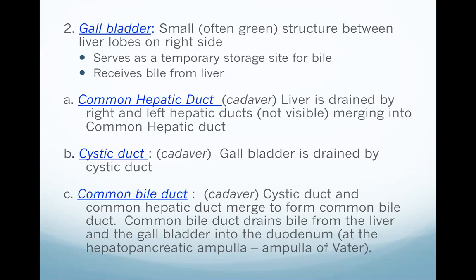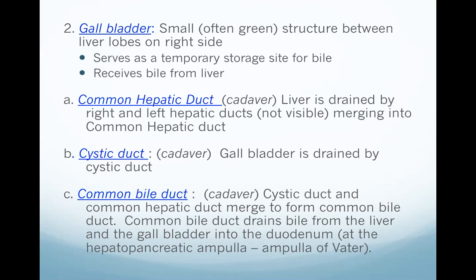So it makes it look really green. It kind of stains it green. So the gallbladder is a temporary storage structure for this excretory product. It's really a breakdown product of hemoglobin. But one of the great things about it is that it utilizes a molecule called glucuronic acid that helps it become soluble. And in doing so, it's used to help break down our lipids.